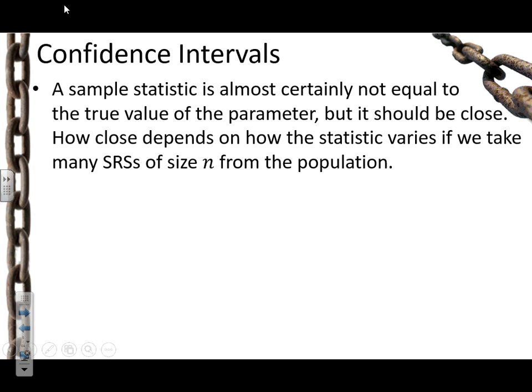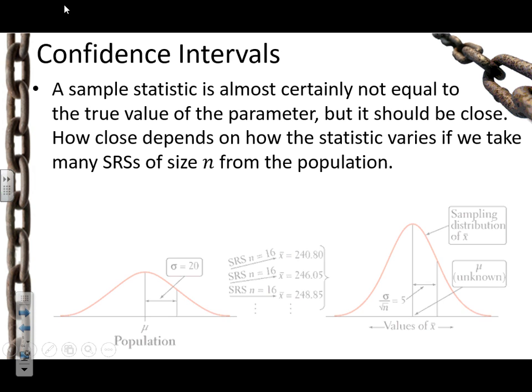How close depends on how the statistic varies, so it matters how much it varies overall, what's the standard deviation, and so on. And if we take many SRSs of size n from the population, our sample size can also sometimes affect how accurate we are. Obviously, the larger the sample size, the more closely we're going to estimate the actual value.